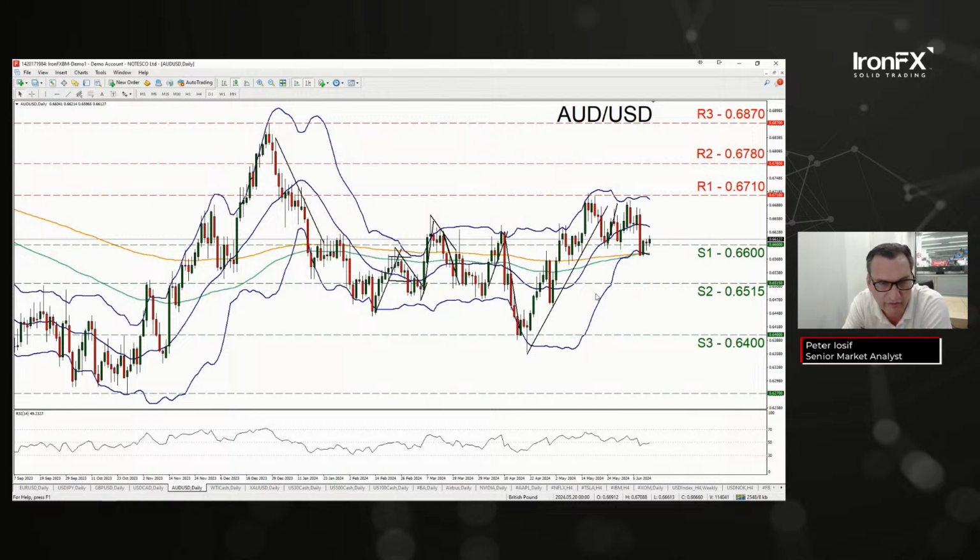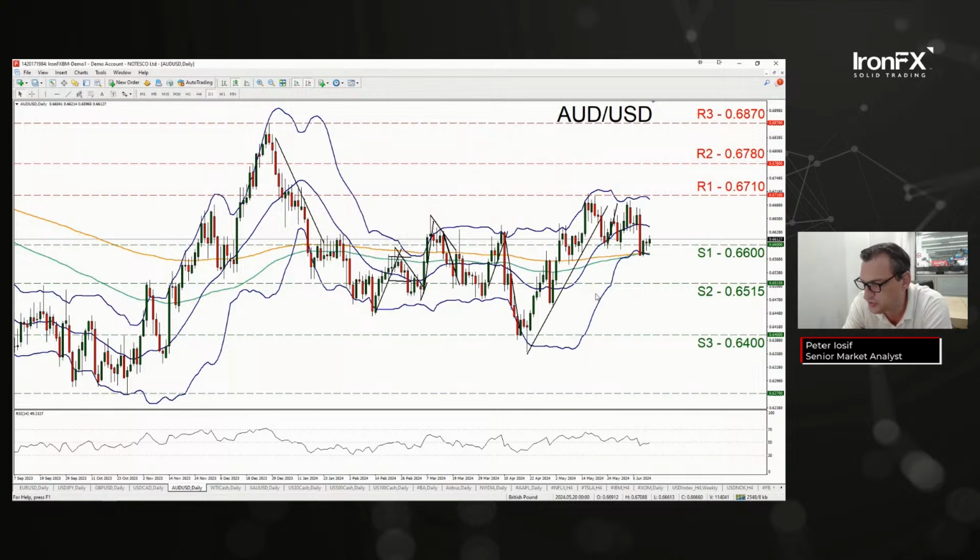We would require for a bullish outlook a heavy bearish response for the USD side of the pair, which would allow AUD-USD to rise, aiming, if not breaching, the 0.6710.